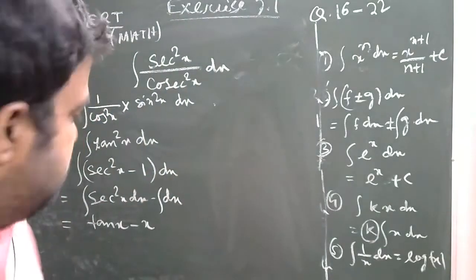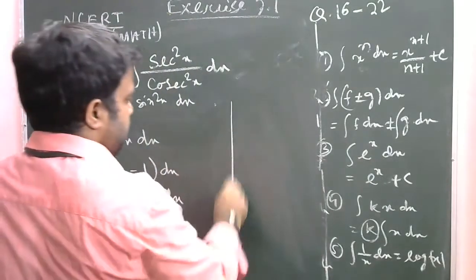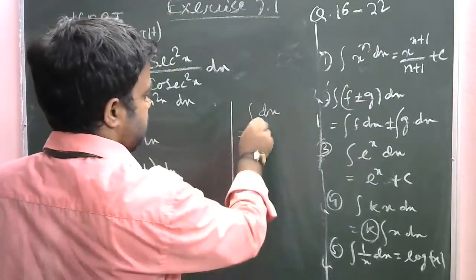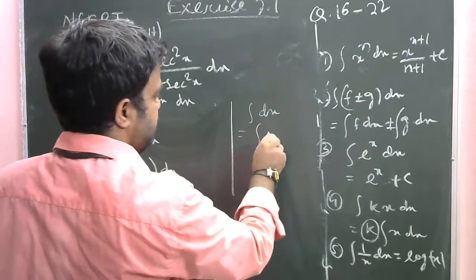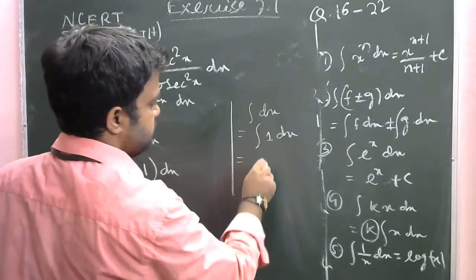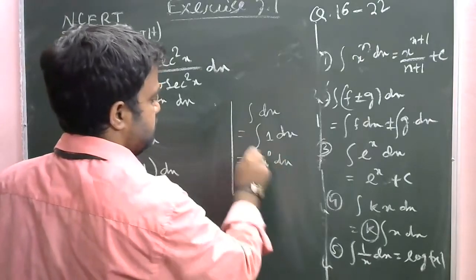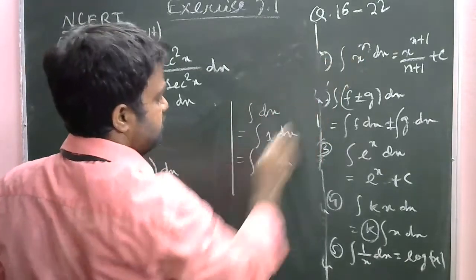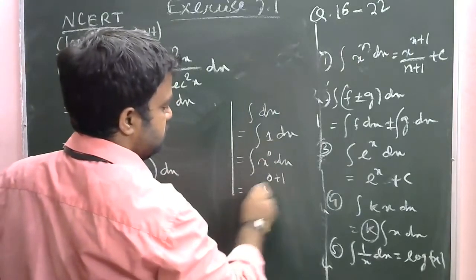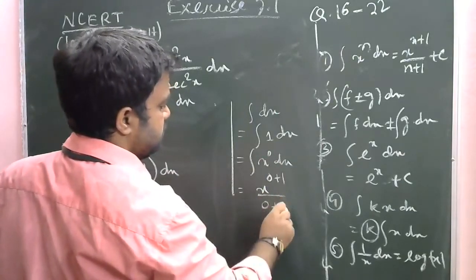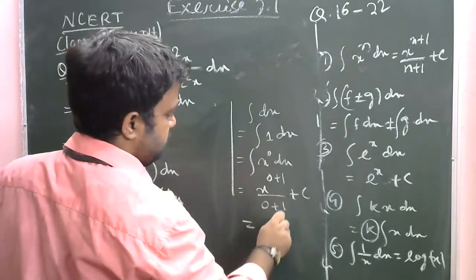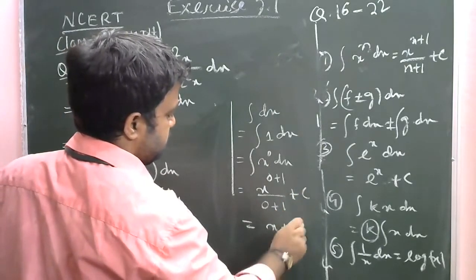You can do it, right? Integration of dx means I can write 1 into dx, or 1 means x to the power 0. Now I'll use the first formula: x to the power 0 plus 1 divided by 0 plus 1, plus c. So x to the power 1, x plus c.